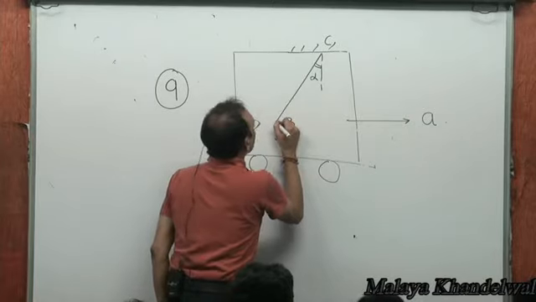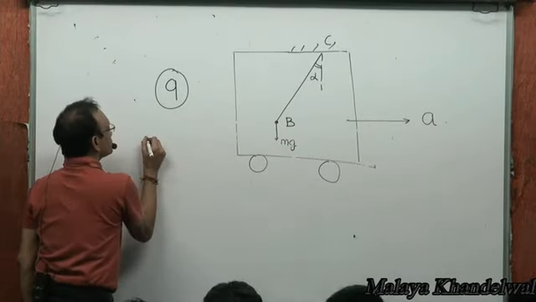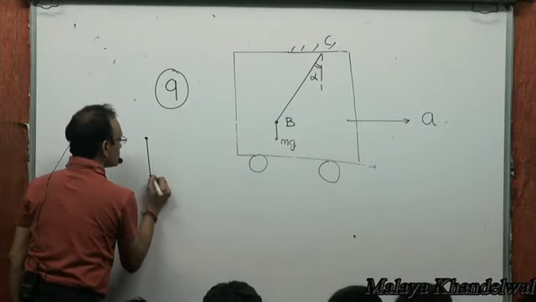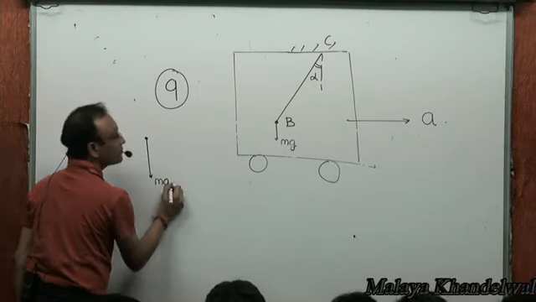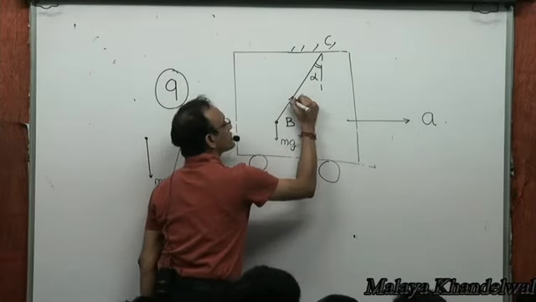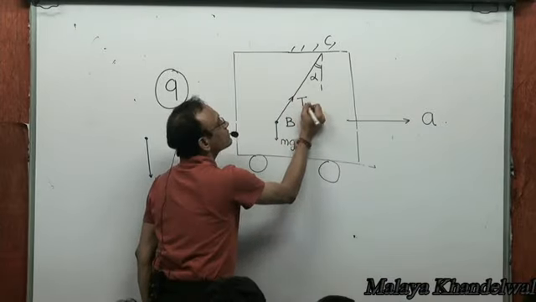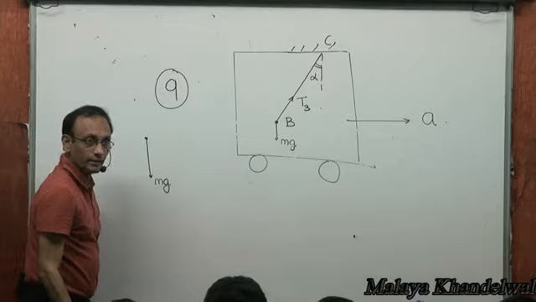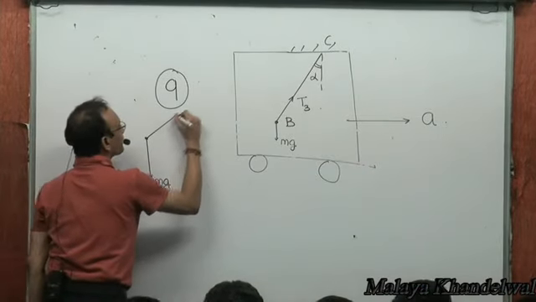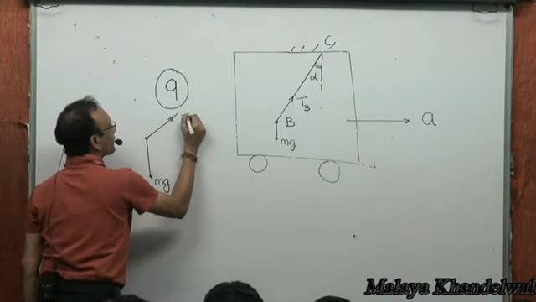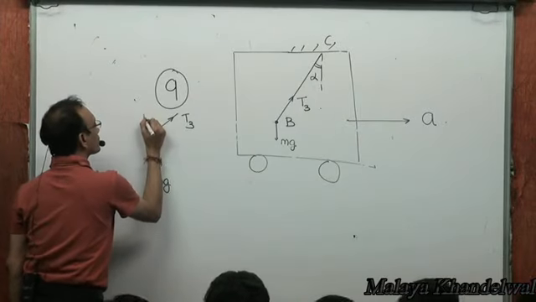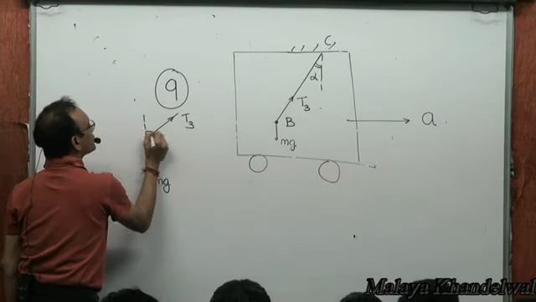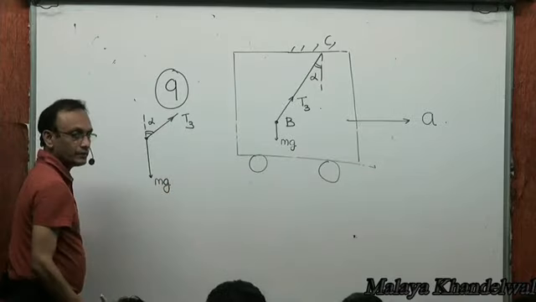Now, look at the free body diagram of B. There is mg downwards, right? And let's say now the tension in the string BC becomes T3. This angle is alpha, right?